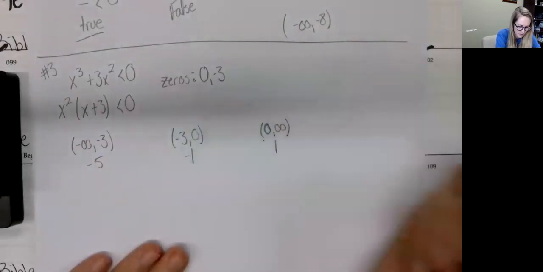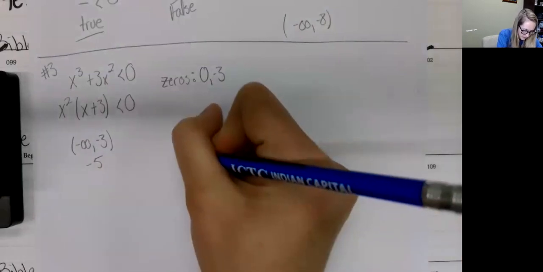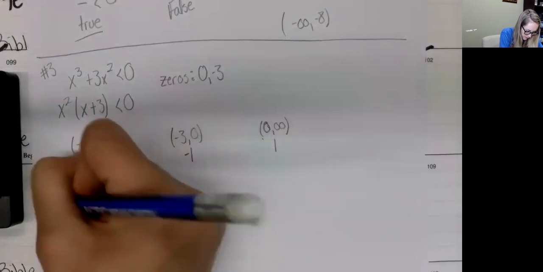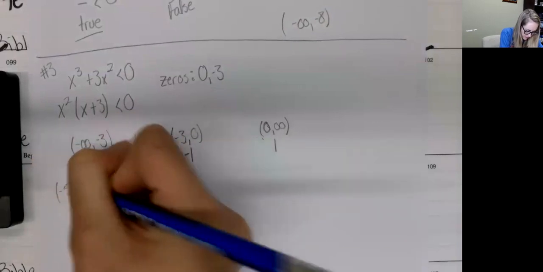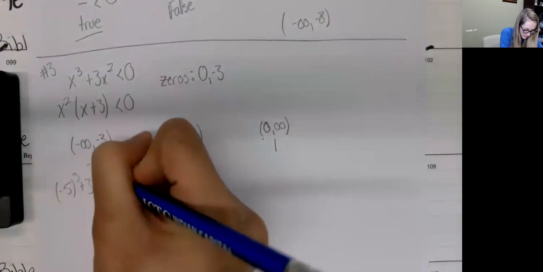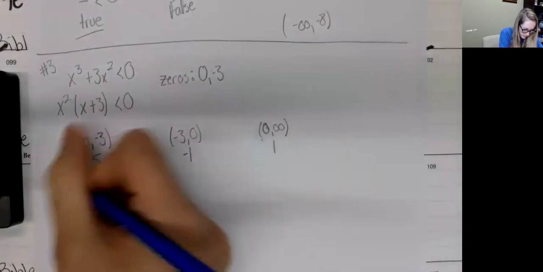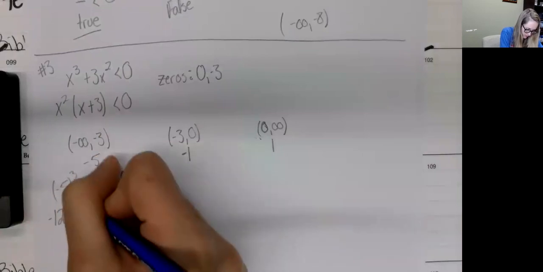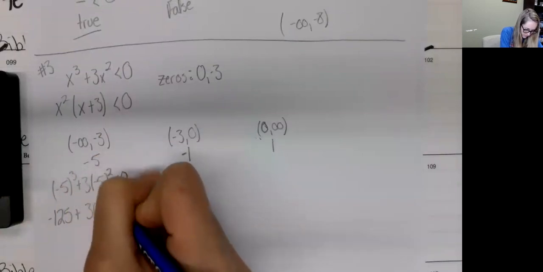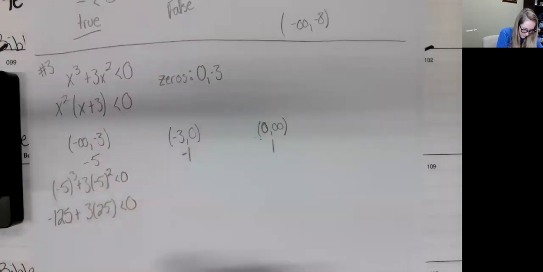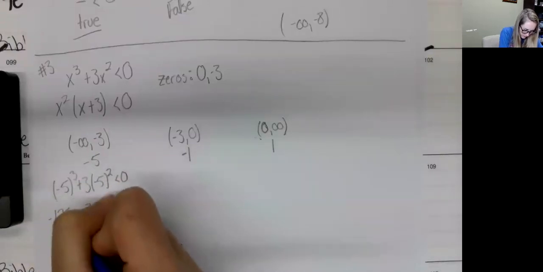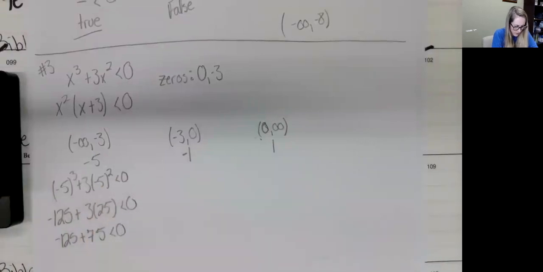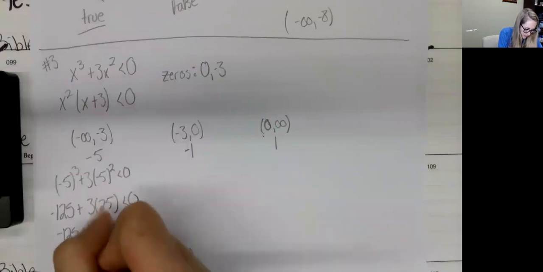So this one will be a positive one for me. So I have negative 5, negative 1, and 1. I'm going to plug these in here. So negative 5 cubed plus 3 times negative 5 squared. So that would be negative 125 plus 3 times 25. So negative 125 plus 75 is less than 0. This one's negative, so this one would be true.